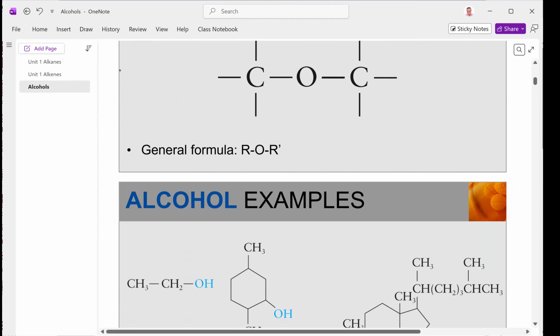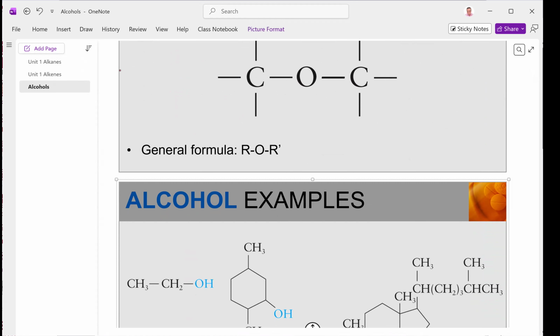Now, frequently in textbooks, they use the R. The R is some generic carbon chain. R prime is a generic carbon chain, but not the same. R double prime is yet another carbon chain that's different than the first two. So R is just some group attached to it.